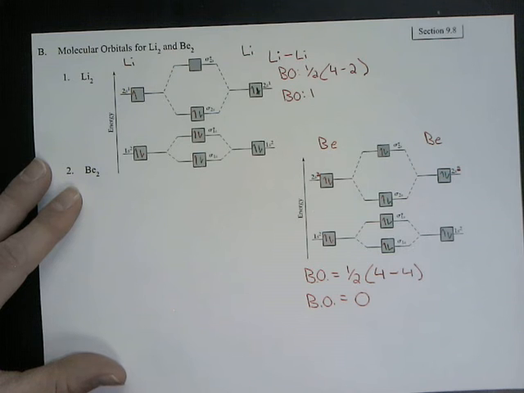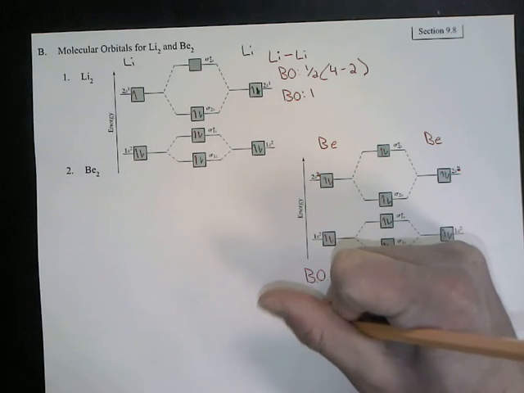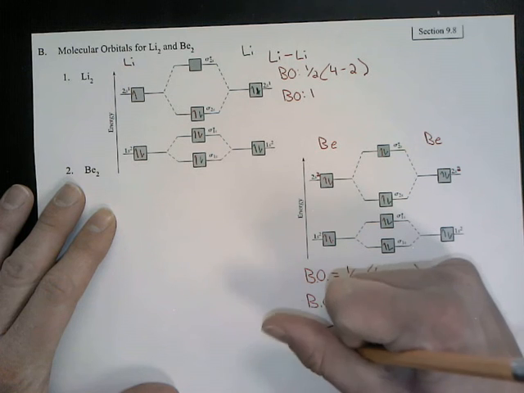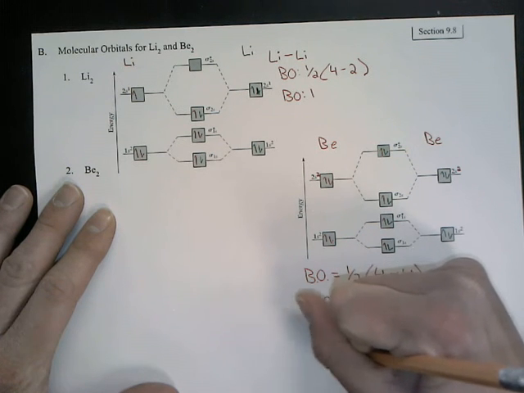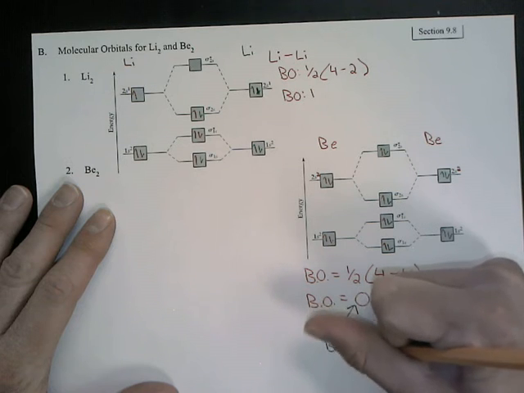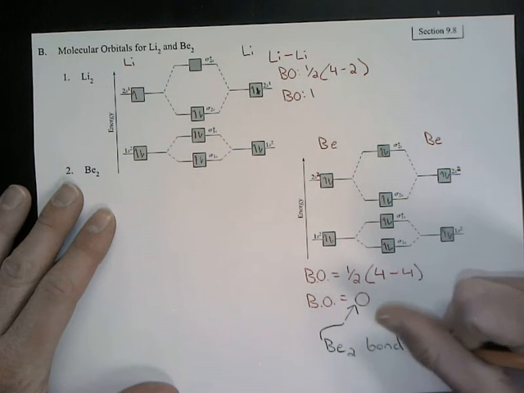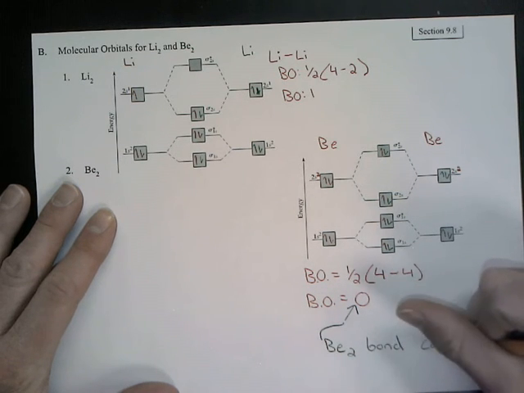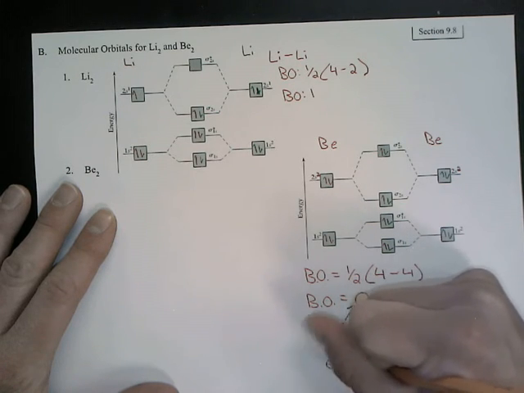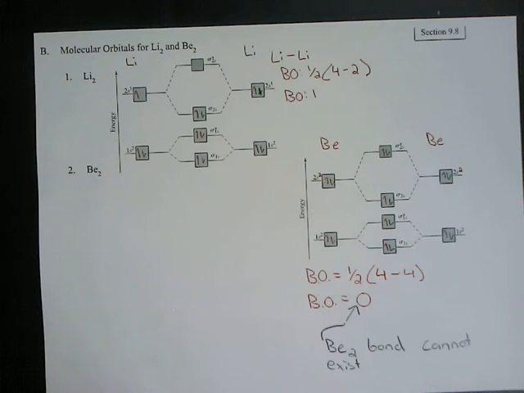What this means in our molecular orbital theory is that a Be2 bond cannot exist, and that's explained from this bond order. So that is our whole purpose here of bonding and antibonding orbitals and molecular orbital theory.